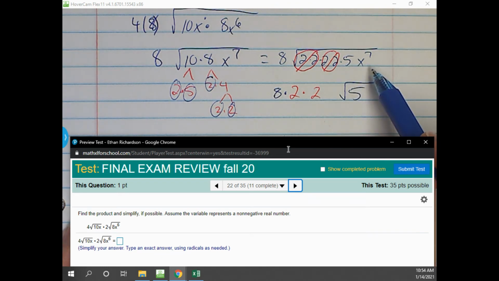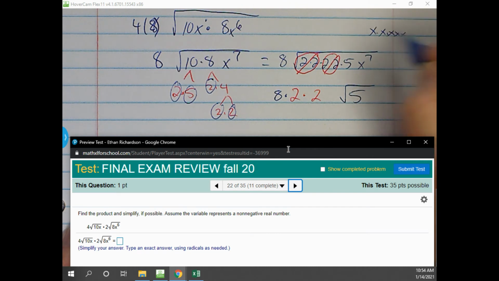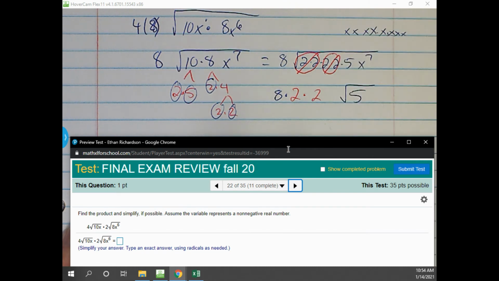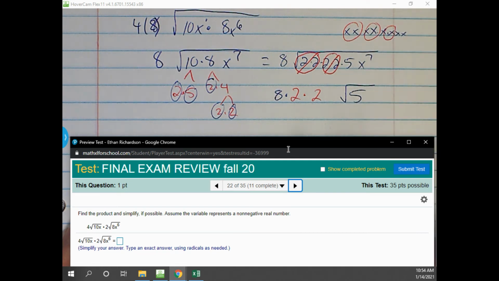And with x to the 7th, if you want to think about that one, we said there's a couple different ways, but if you have 7 x's, you have 1, 2, 3. Oops, too many. Wrote 8. Sorry, my bad.